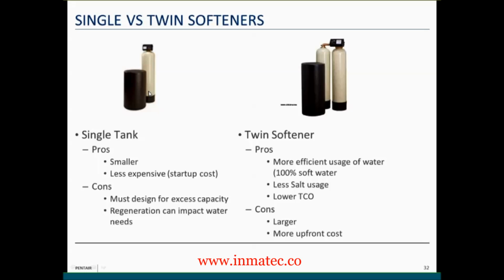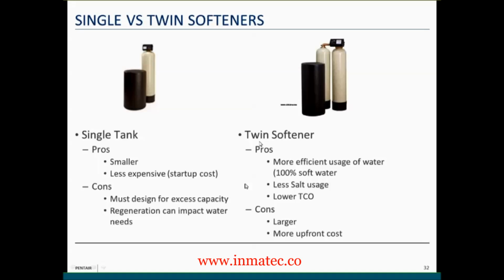You could end up having a store delivered hard water for an hour and a half or more during this regeneration cycle, impacting all their beverages and equipment. And when you add that up over time, that may impact equipment operation as well. And you don't get to use the full capacity of this resin. Remember, you've got 10 to 30% of this resin that you do not get to use as a safety factor.